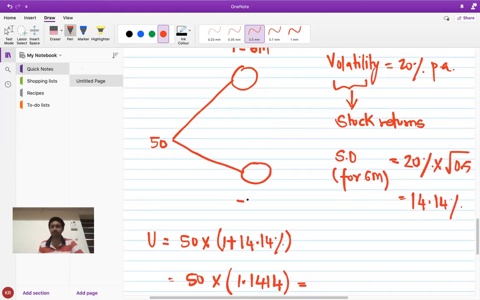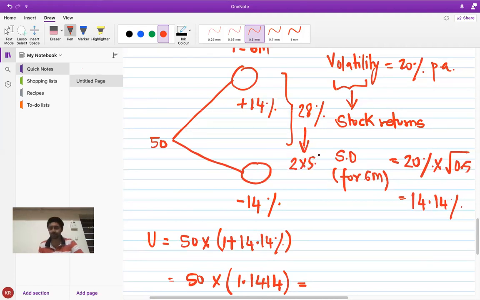This represents minus 14 percentage and this represents plus 14 percentage. There will be a gap of 28 percentage between the bottom node and the upper node, which is nothing but 2 times standard deviation.